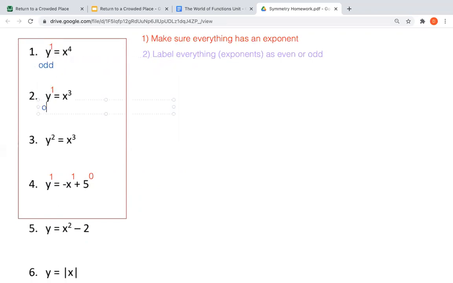This is odd, 1's odd, 3 is odd, another 3 over here, and then some 1's here. And then I will write even under my even things. 4 is even, 2 is even, and 0 is even.